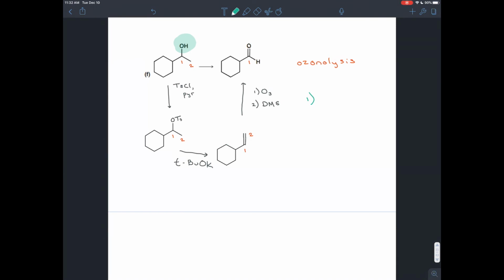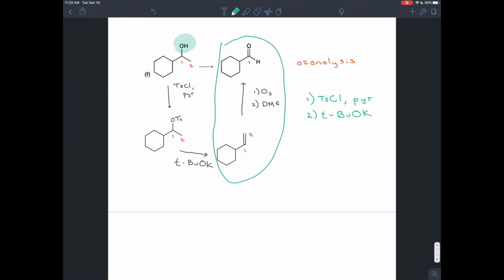To make that alkene, the only way you can make a pi bond on a molecule that doesn't have one is to do an elimination reaction. But we don't have a good leaving group. So the first thing is to turn the OH into a good leaving group by adding 4-toluene sulfonyl chloride, TsCl, in pyridine. Once you have that good leaving group, you can form a pi bond in the less crowded direction using a bulky base, potassium tert-butoxide.